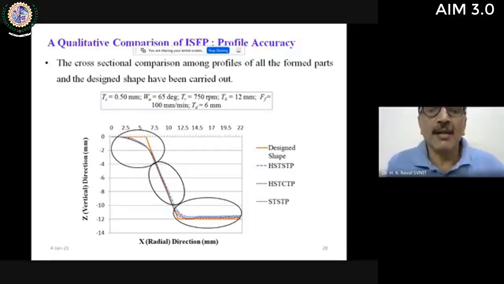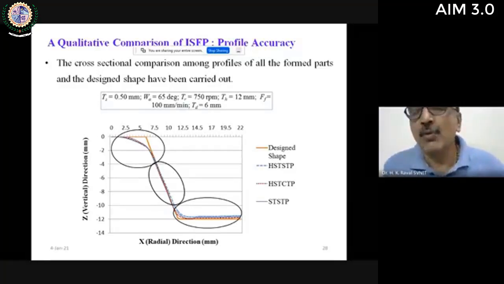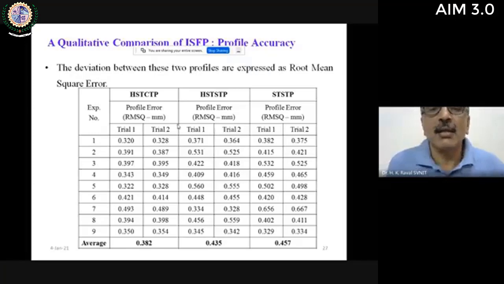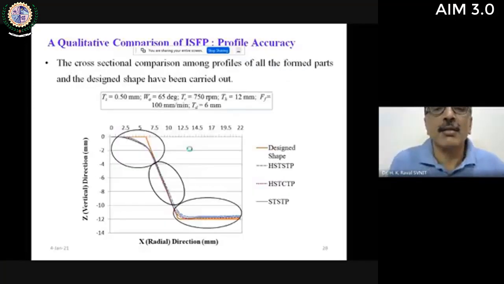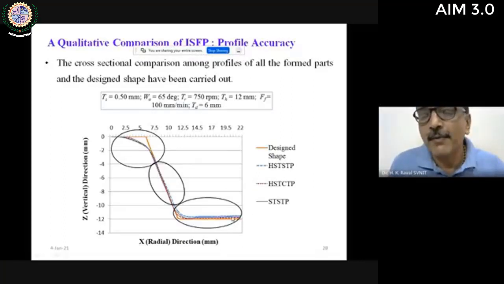What is the main criterion to be kept as the decision-making criterion? If it is average error, then hemispherical tool with contour tool path, HST-CTP, is okay. If you want to go with the localized error or deviations, you'll find here deviation is more, here also deviation is more. But in both cases, you'll find the red color is close to your target geometry.